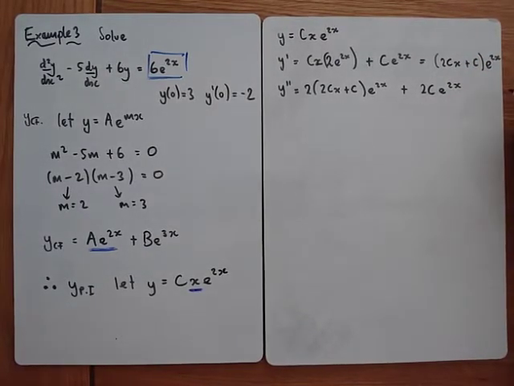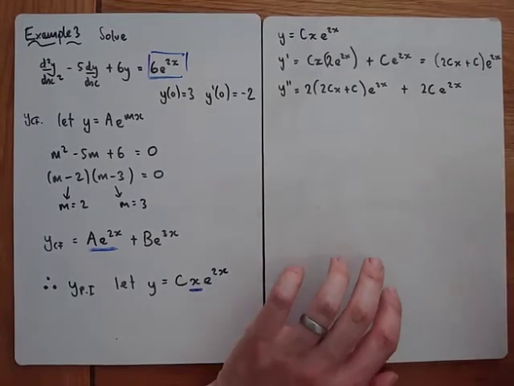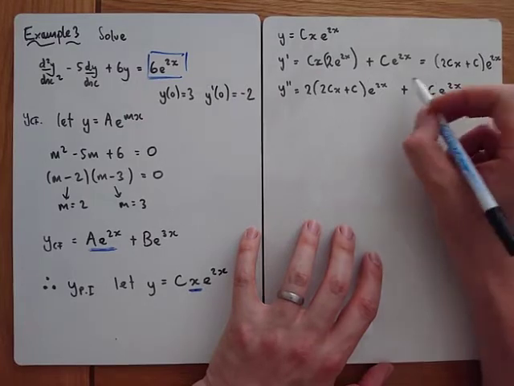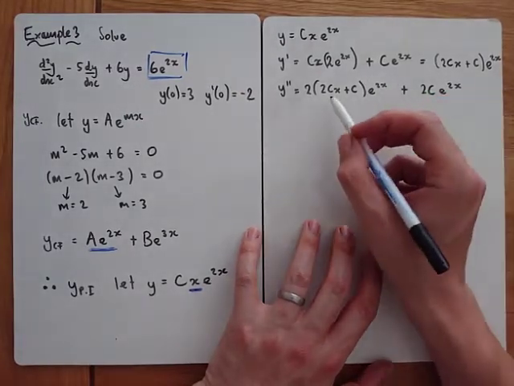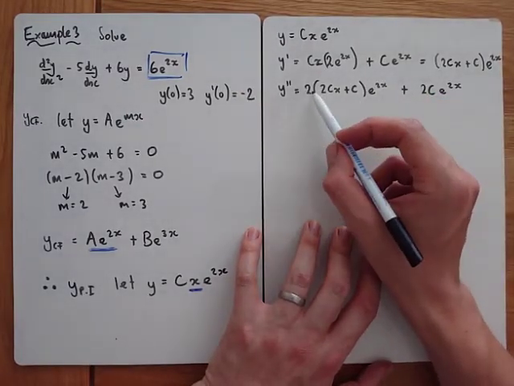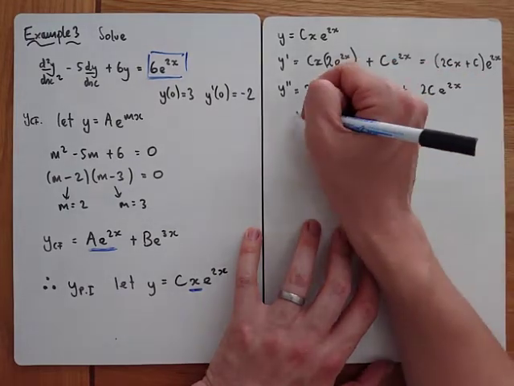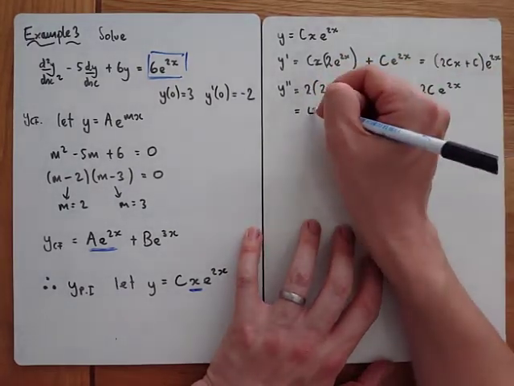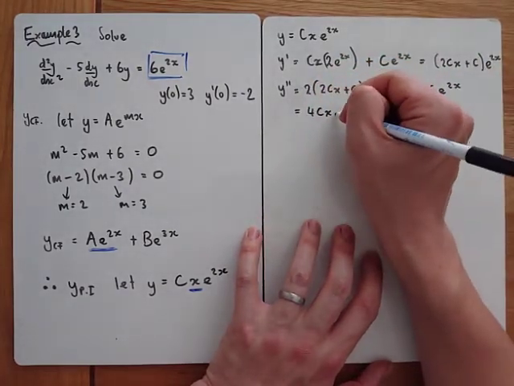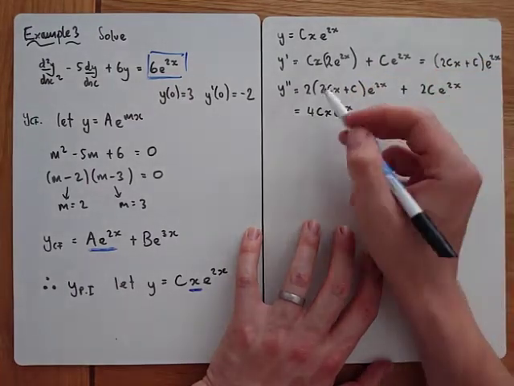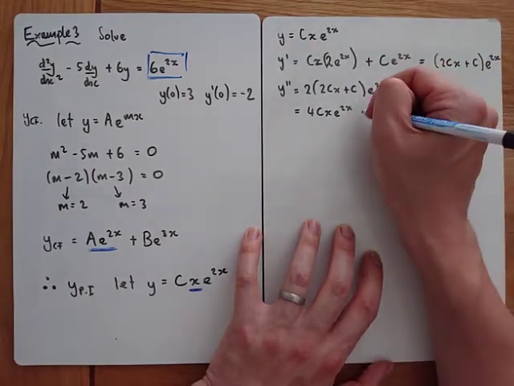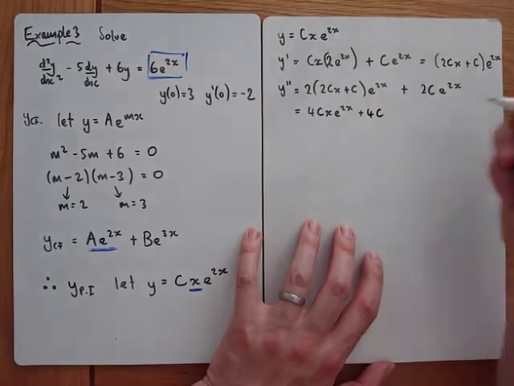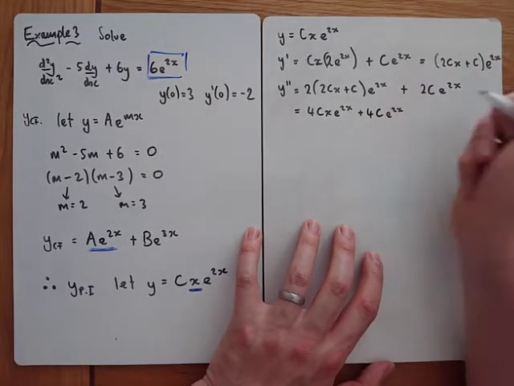Now we've got to substitute all this into our second order differential equation. Let me tidy this second derivative up a little bit before I substitute in. I'm going to write this second derivative as 4cx e to the 2x plus 2c plus 2c, so plus 4c e to the 2x.